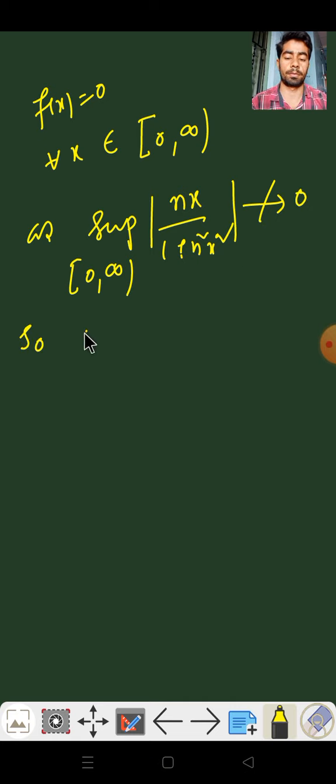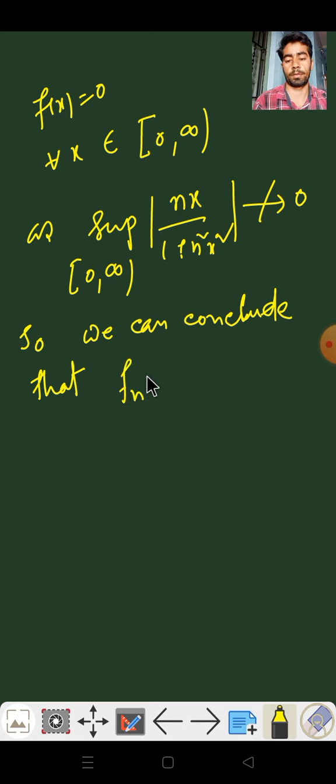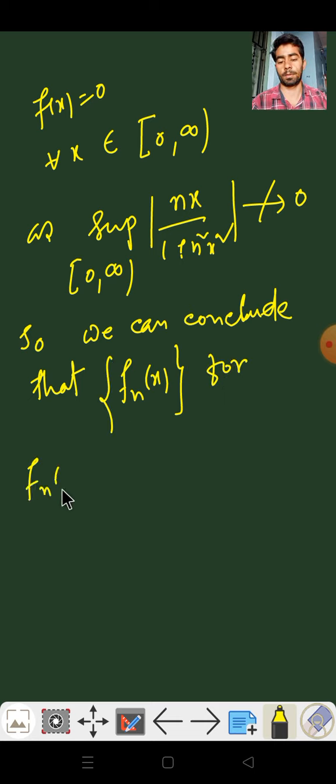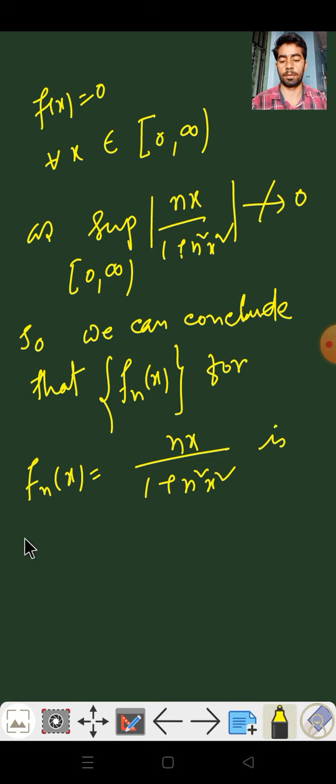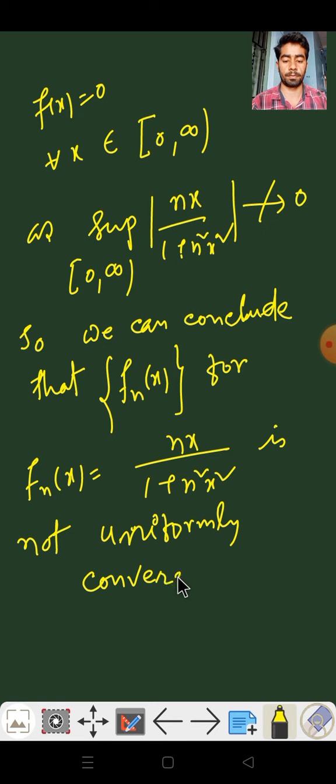So we can conclude that the sequence f_n(x) equal to nx divided by 1 plus n square x square is not UC, that is not uniformly convergent, on 0 to infinity.